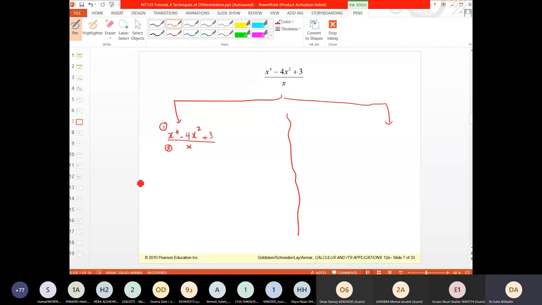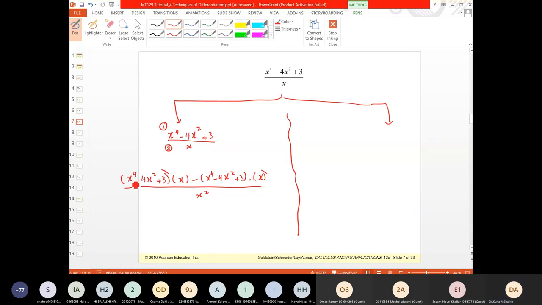So it is the derivative of the first, which is x^4 minus 4x squared plus 3, dash, multiplied by the second, minus the first, x^4 minus 4x squared plus 3, multiplied by the derivative of the second, divided by the second squared, by x squared.